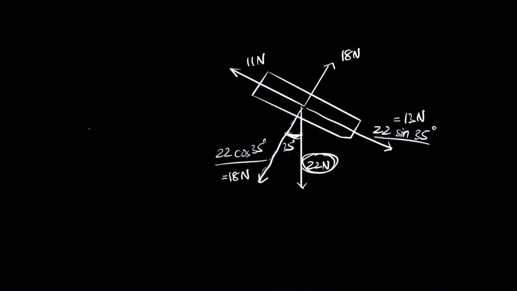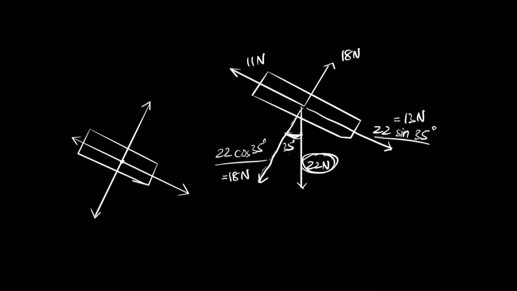So we have the book right here. So the downward vector is 18 Newton, this vector is 13 Newton, and this vector is 11 Newton. Notice the horizontal and vertical components.